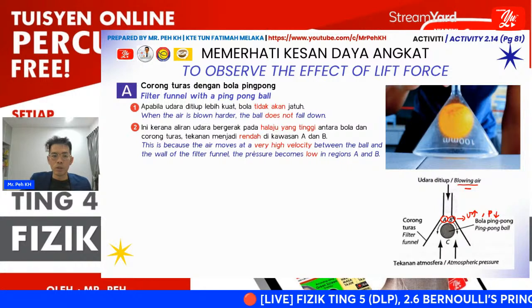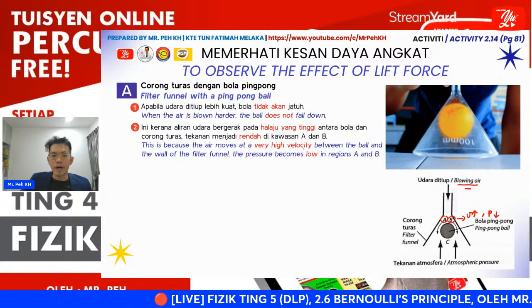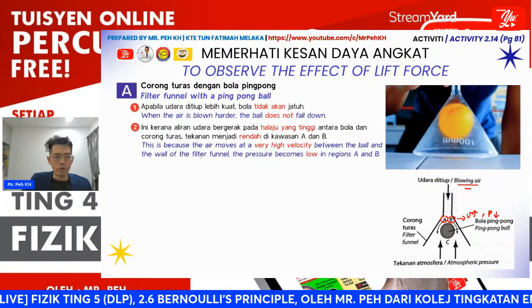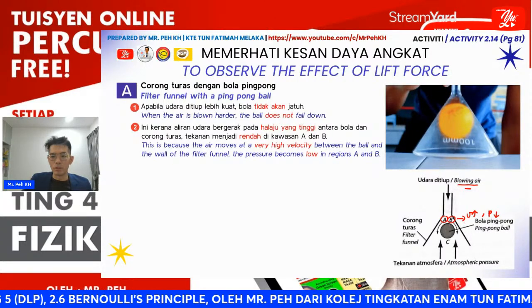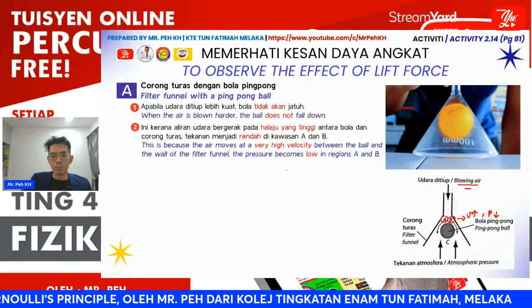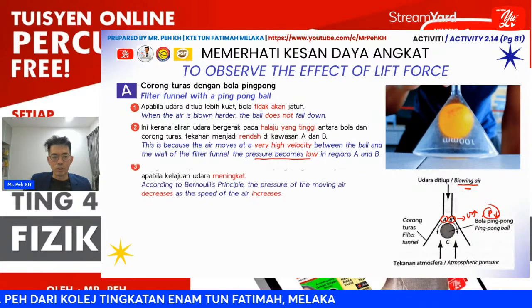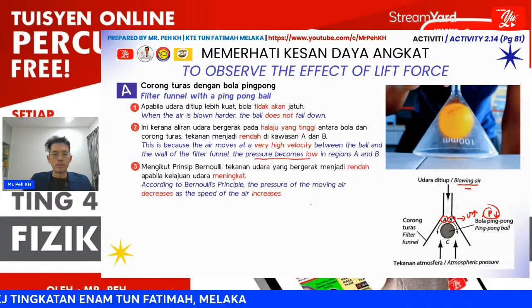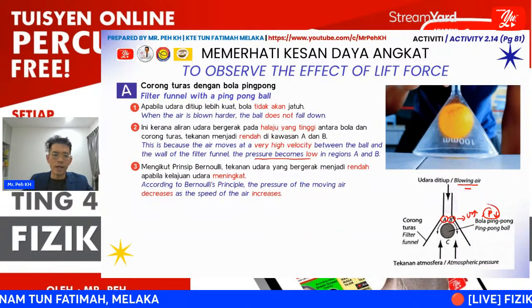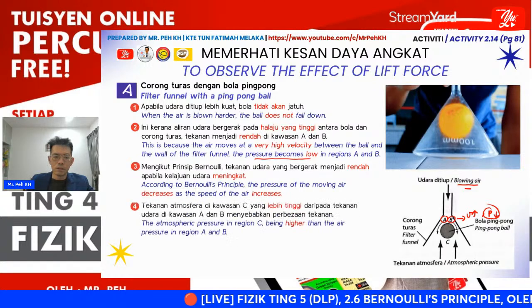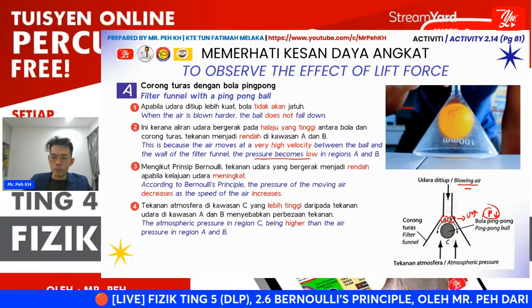You see, air is moving at very high velocity between the ball and the wall of the filter funnel, at position A and B. So the pressure will become low. Okay, so here, according to Bernoulli's principle, when the speed of the air increases, the pressure decreases. Okay, so then at region C will be here.